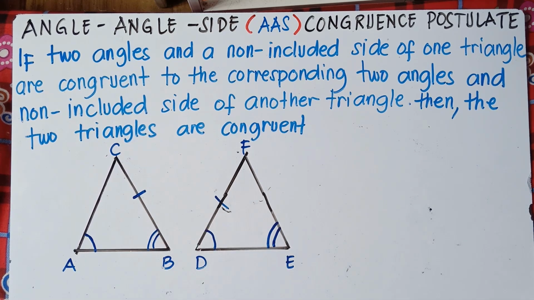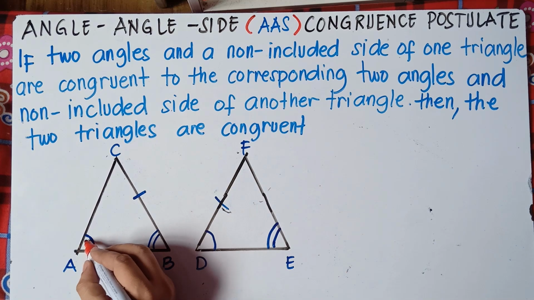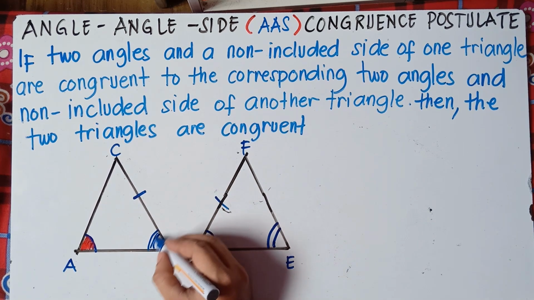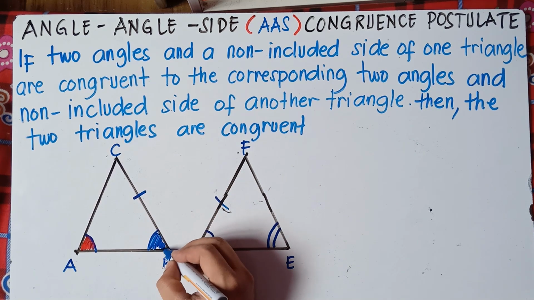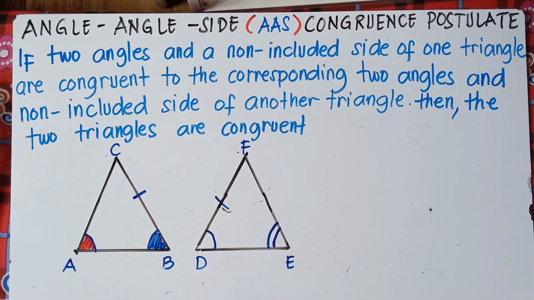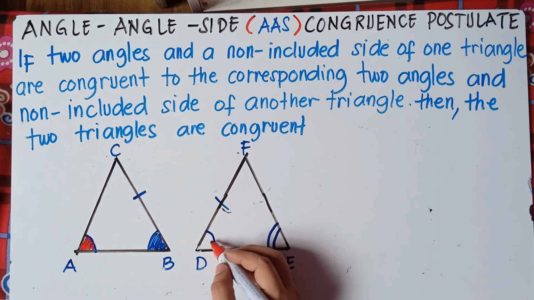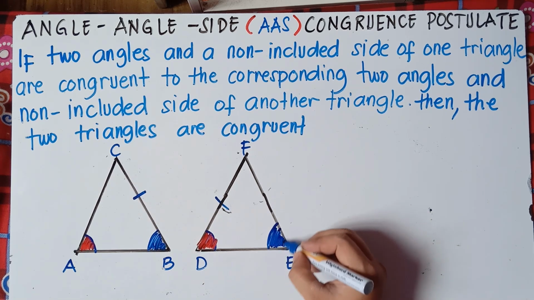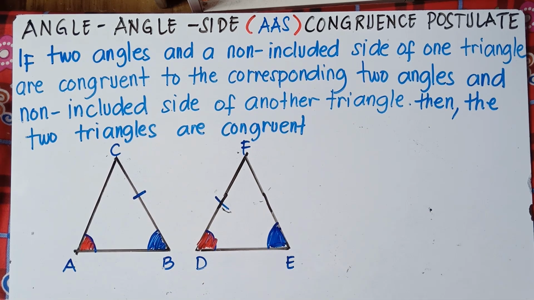You need to be careful with that one, class. If we label the first angle as color red and the second angle as color blue, for you to really understand this, check that one.